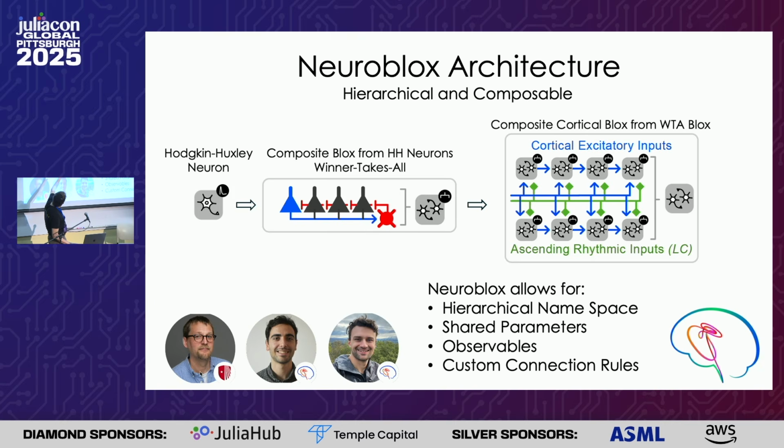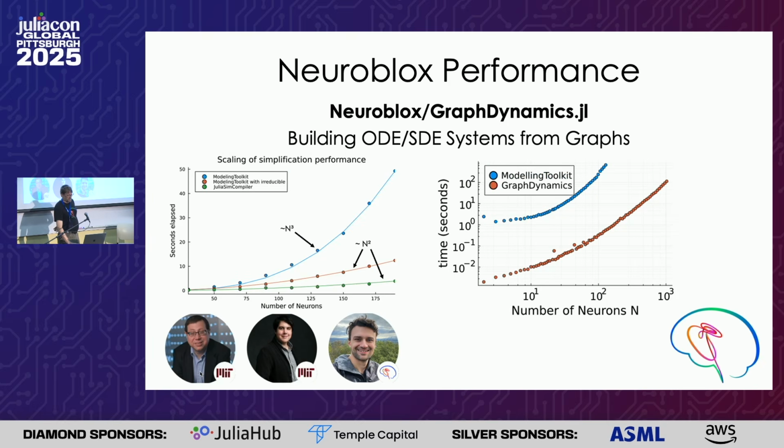It's hierarchical, so we can compose. We can assemble circuits from neurons, and from circuits build a cortical region. And we have hierarchical namespaces, shared parameters, observables, and custom connection rules.